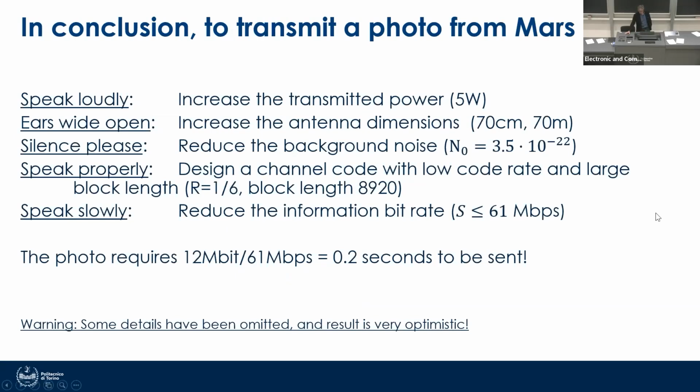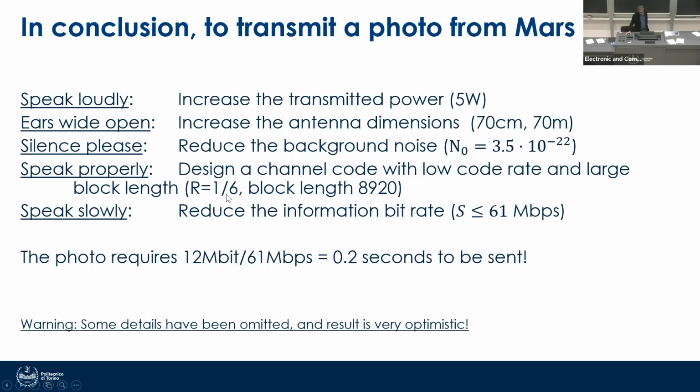If you want to transmit a photo from Mars, you need to speak loudly, so increase the transmit power if you can. You can keep your ears wide open by increasing the transmitting antenna and receiving antenna. You should reduce the background noise, and this is something that sometimes you cannot do.